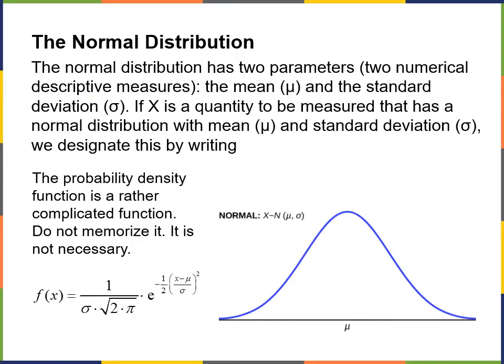In terms of creating this distribution, it's a fairly complicated formula to describe this probability density function for this curve. This is the formula that will generate this curve. It's not something we're going to need to use. I'm just showing it to you because it is a fairly complicated function.